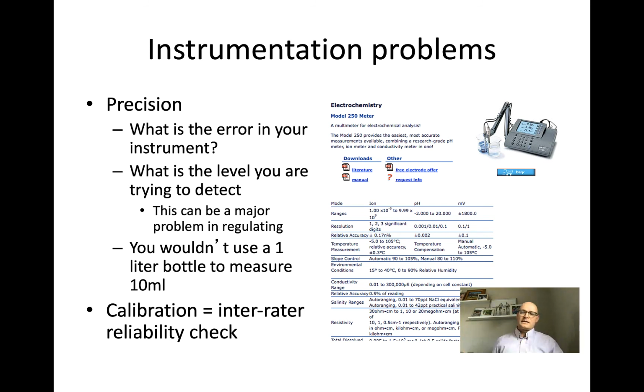Like I've got a scale in my bathroom that's 20-something years old, and I'm pretty sure the spring is wearing out. So maybe it's not measuring me the same way as it did before. One way to calibrate is to use a sample that is a certain density, salinity, whatever it is, and you measure that thing over and over and over again to make sure your instrument isn't waffling on it or varying.